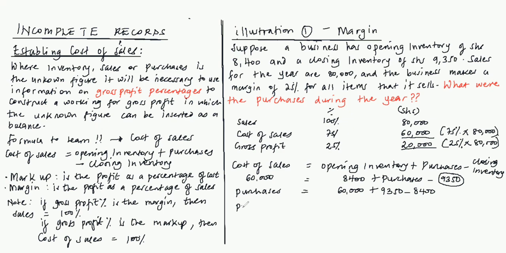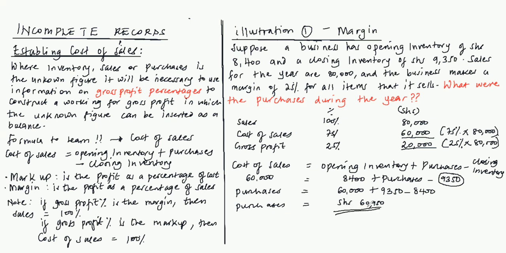You get the purchases during the year as how much? Let's work this out, and we see the purchases figure. Our purchases figure is shillings 69,950.